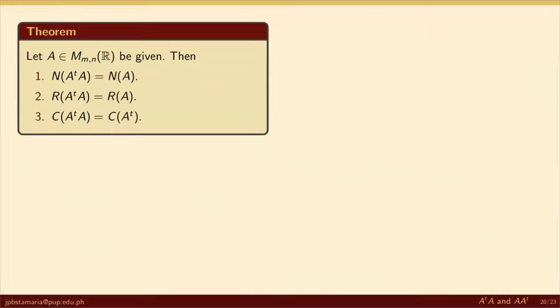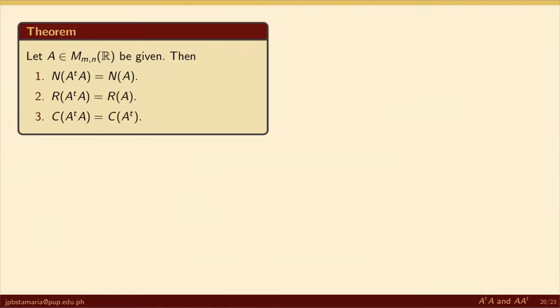But what's the column space of A transpose? It's the row space of A. But I prefer not to write this anymore so you don't get confused, because it's more confusing when I introduce the column space of A transpose like this.